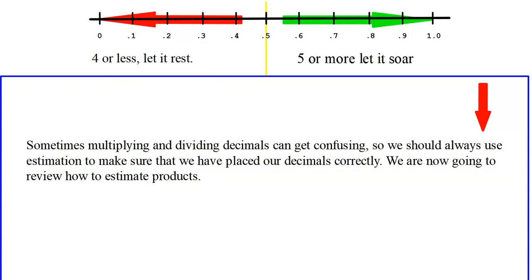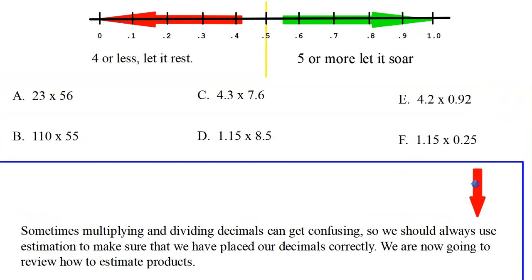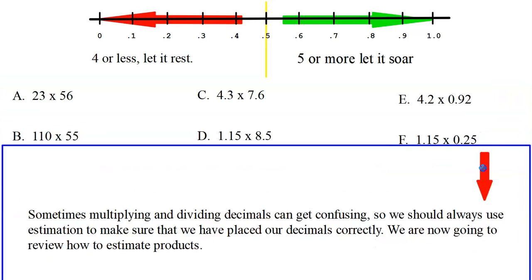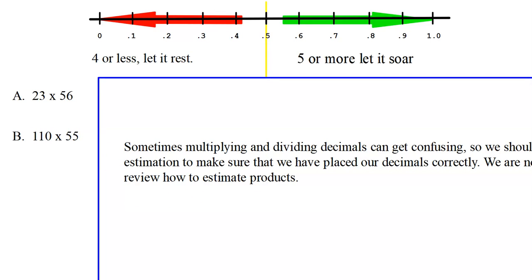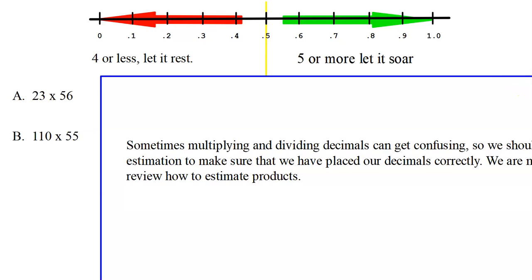Okay, so there's not a right or wrong answer when we are estimating, right? So let's go ahead and look at, I'll move it over here. We'll do the A and B first. Okay, so if I'm trying to estimate the product of 23 times 56, because these numbers are in the tens, right? Why don't I just round to the tens? So I'm going to look at the 6.